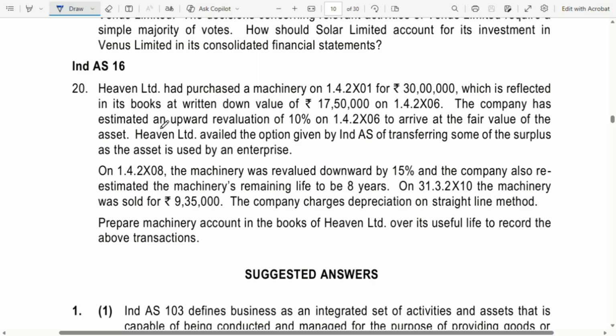Now if subsequently we are doing revaluation and if we have got loss, suppose, so we will compare what was done previously.